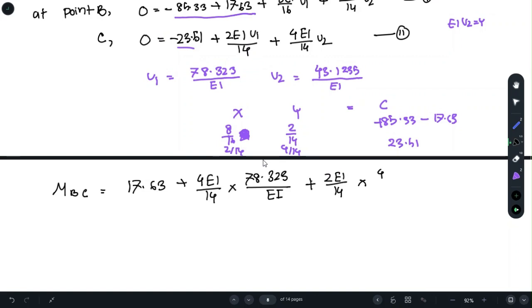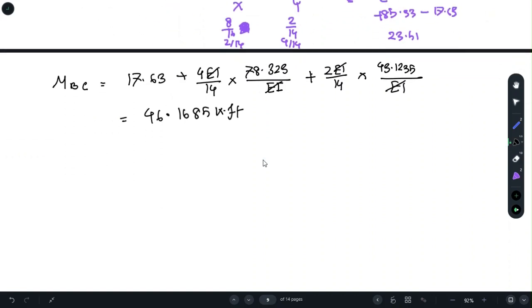Our u2 is 43.1235 over EI. After solving, the EI terms vanish, and you will get a value of 46.161685.